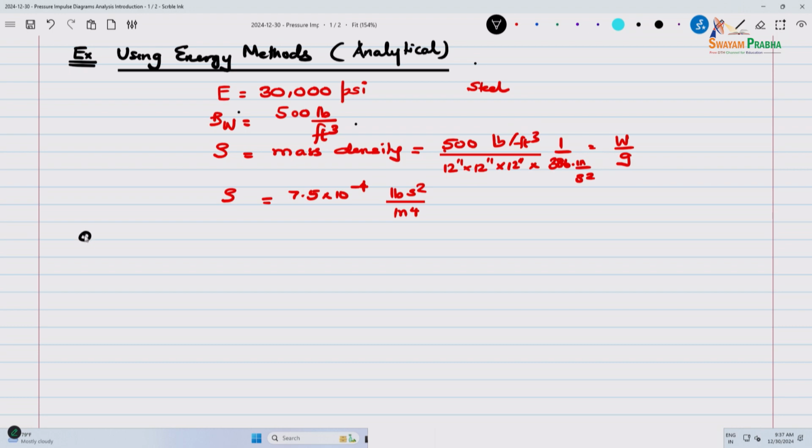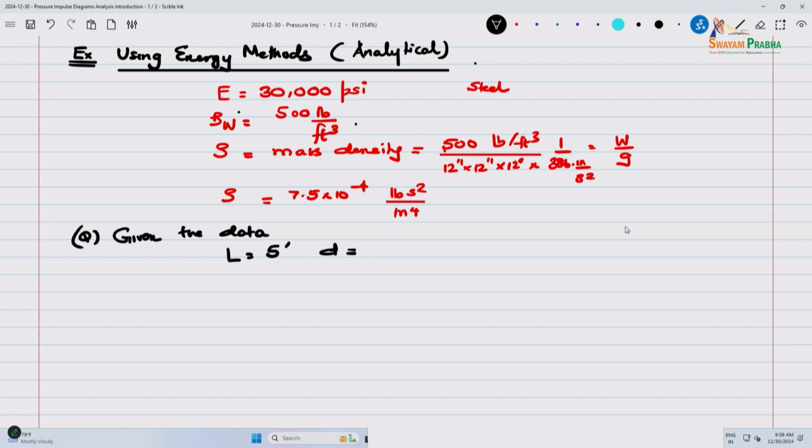So the question is, given the following data, that L is equal to 5 feet and D, the depth of the member, we derived it for a cantilever.